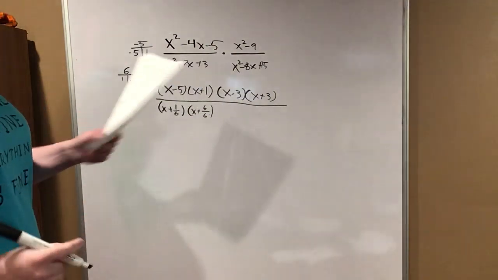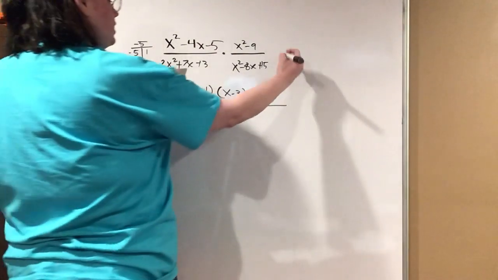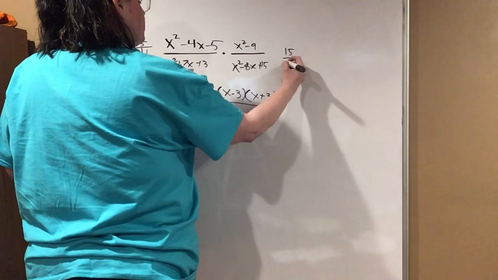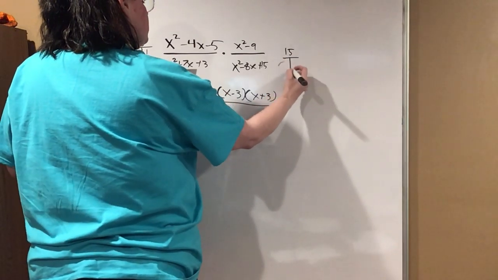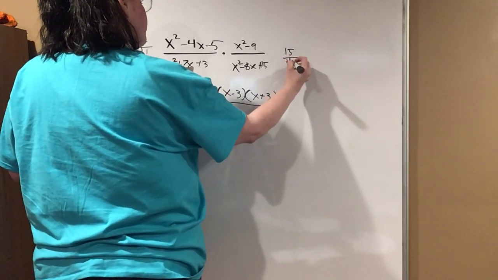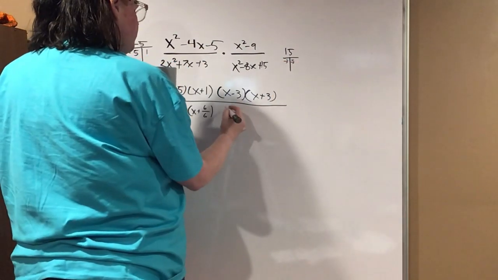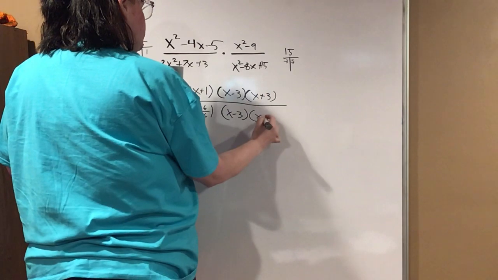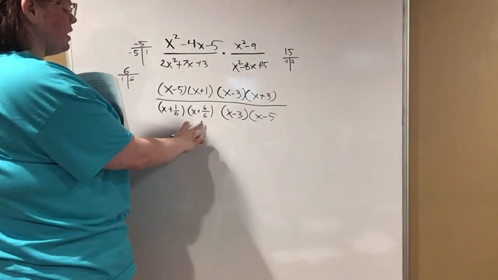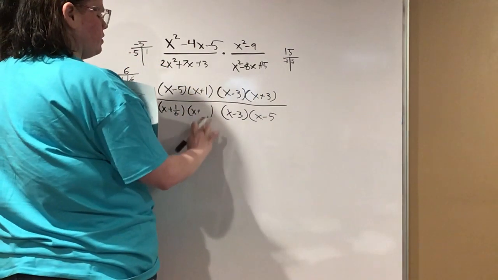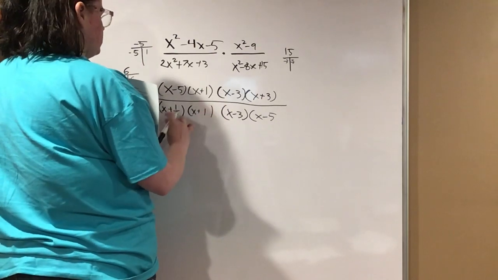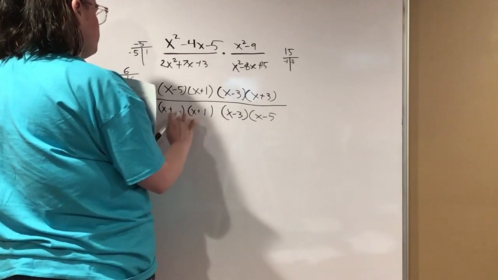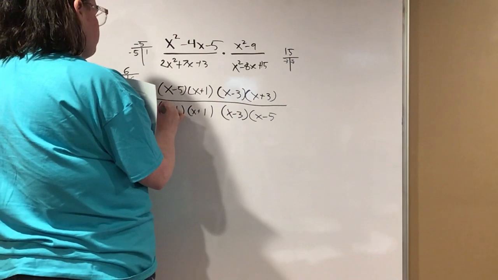And then this guy over here, we need factors of 15 that add up to negative 8. And 15, we have 3 and 5, and both have to be negative. So x minus 3, x minus 5. This guy right here can simplify down to 1. This can't simplify, but we can move the 6 out front.